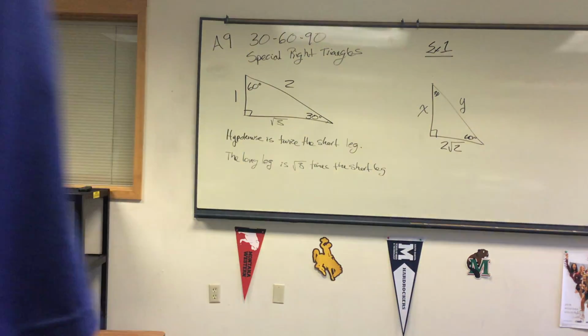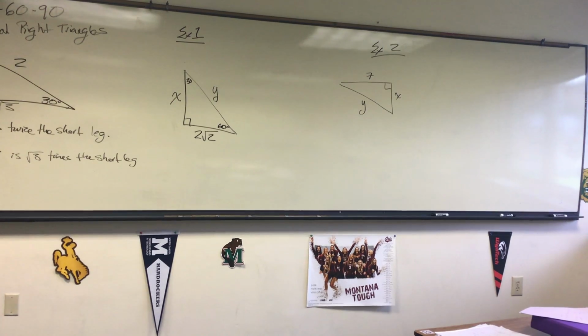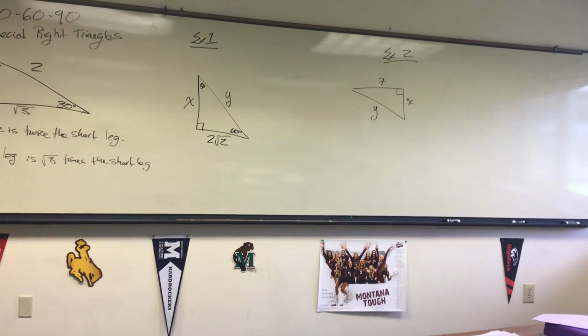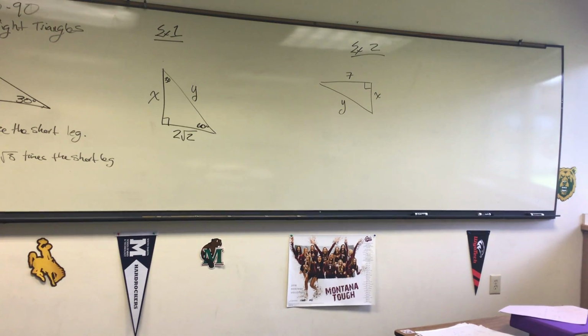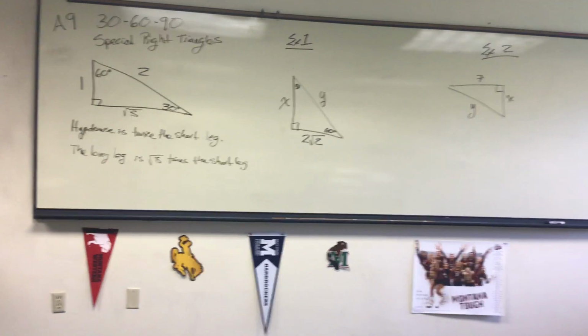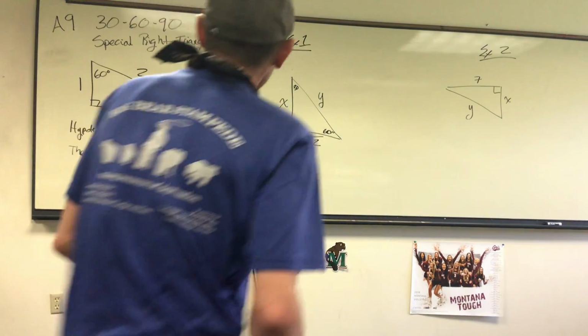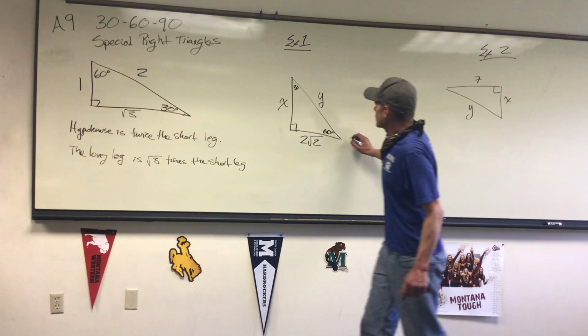The words may be enough for you to solve problems like this, or they may not. We'll find out. However, I'm going to put that back there. I'm going to redraw a 30, 60, 90 triangle right next to this one.